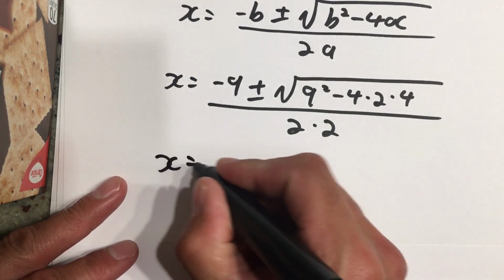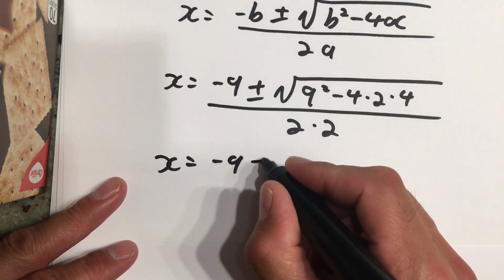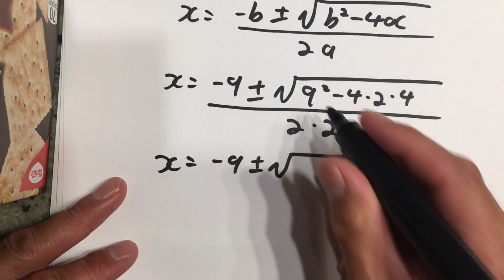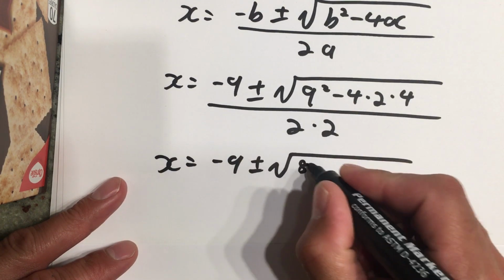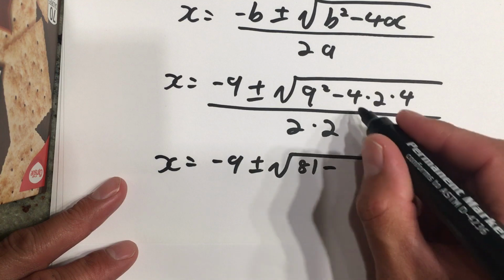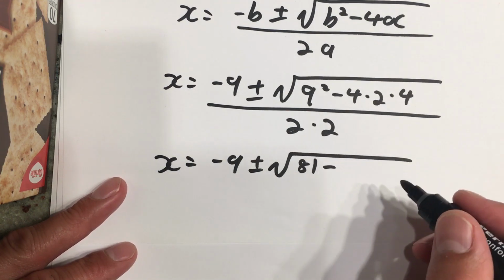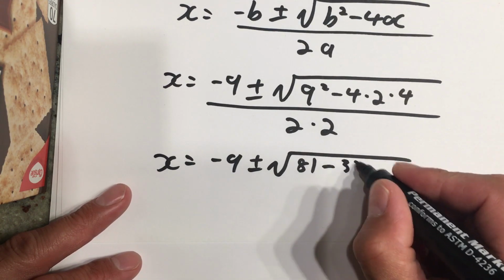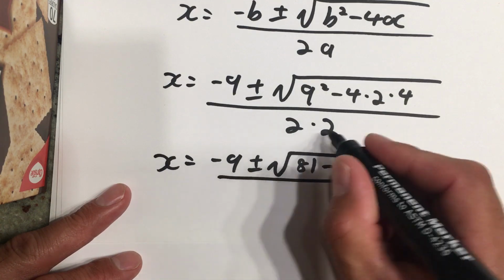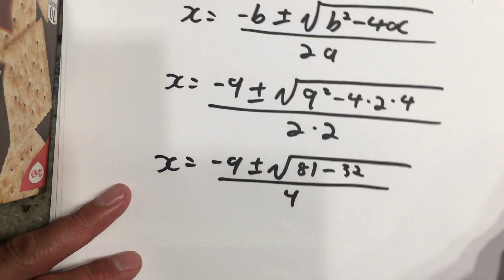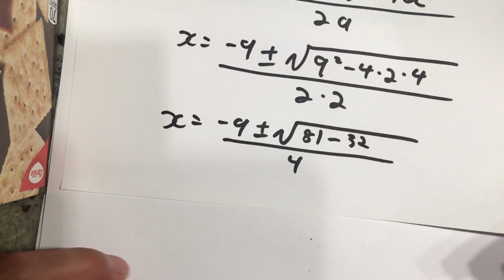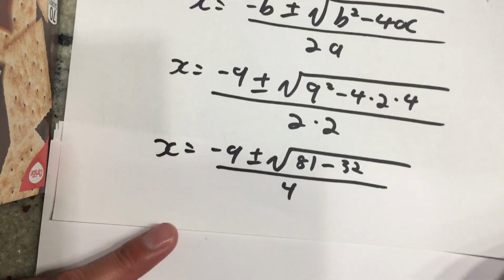So we have x is equal to negative 9 plus or minus the square root of 9 squared, which is 81, minus 4 times 2, which is 8, times 4, which is 32, all over 2 times 2, which is 4. 81 minus 32 is 49.